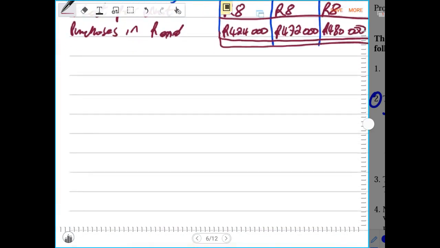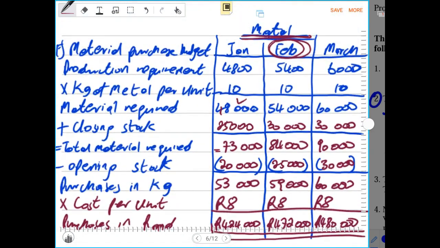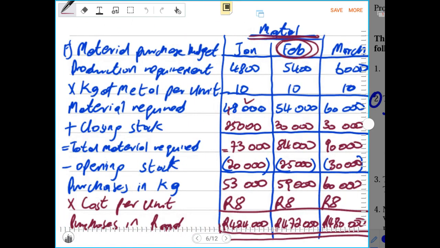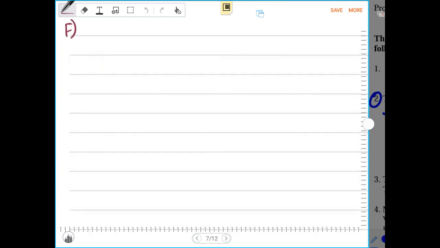Therefore now I am doing another budget for another material purchase budget only for the component material. So now I want to do them separate so that you get more clarity. That was the second part of number F. Yes, number F. Then we do again material purchases budget.